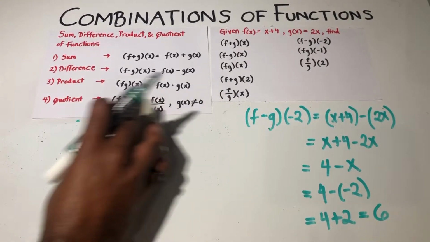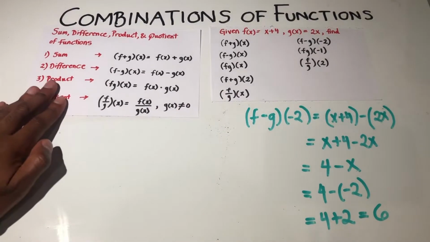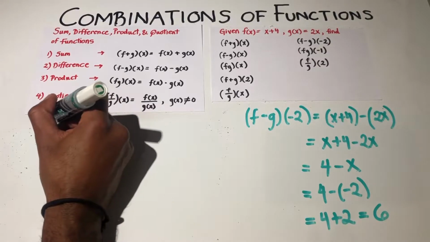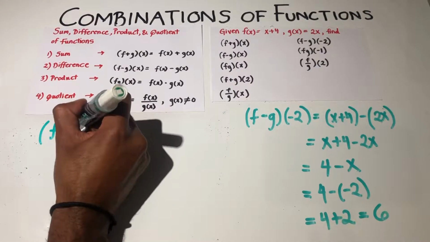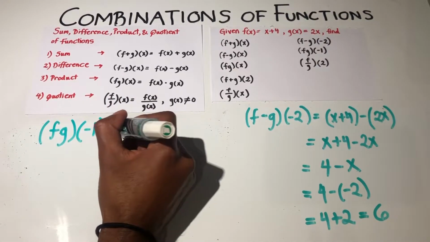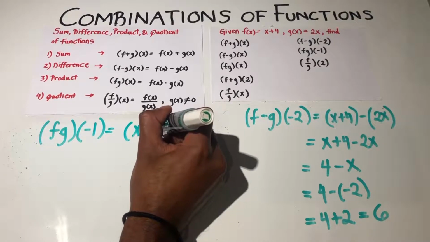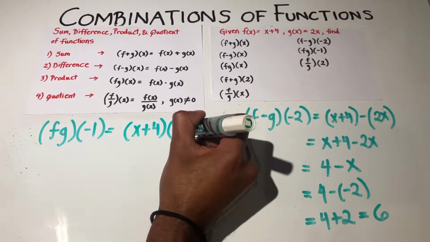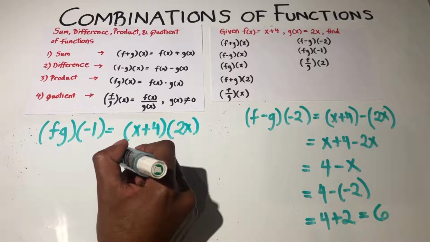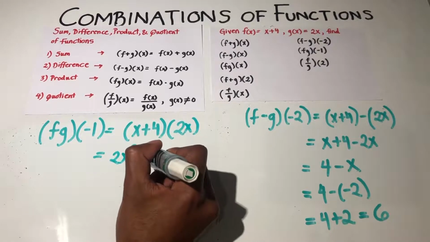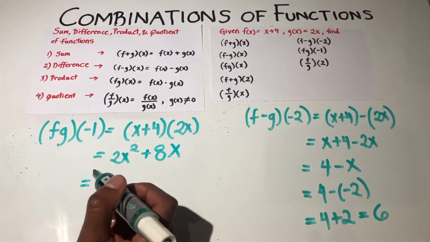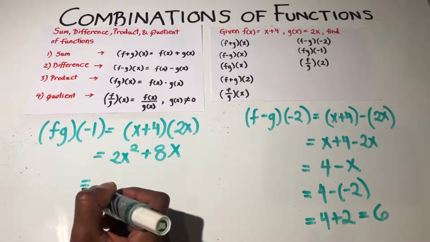Now we have the product again, but with a value. We have f of g of -1. So that's going to give us x plus 4 times 2x. If we use the distributive property, we're going to get 2x squared plus 8x. And you can go ahead and replace -1 for the x's.